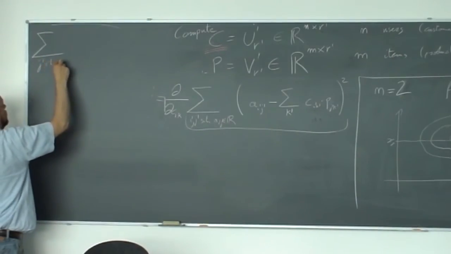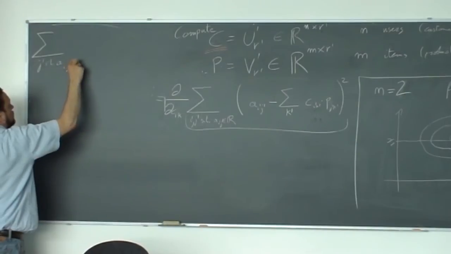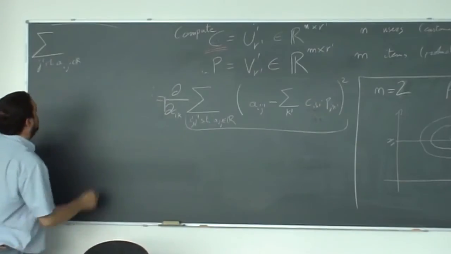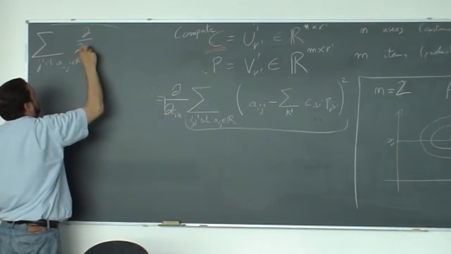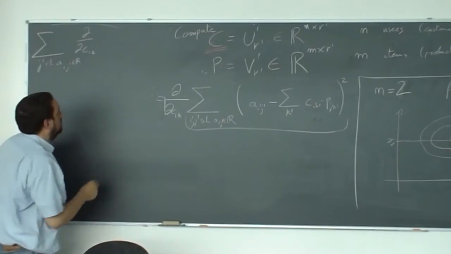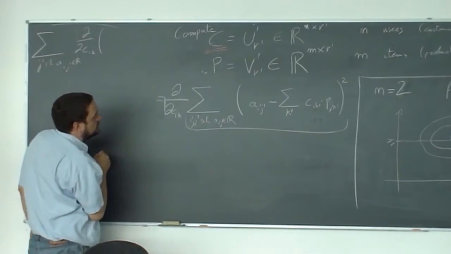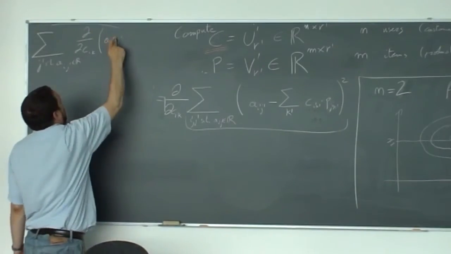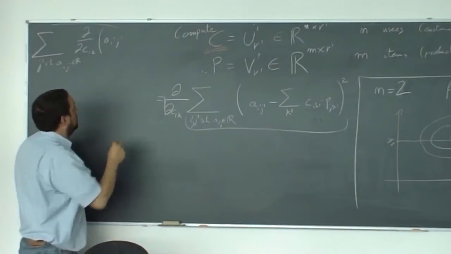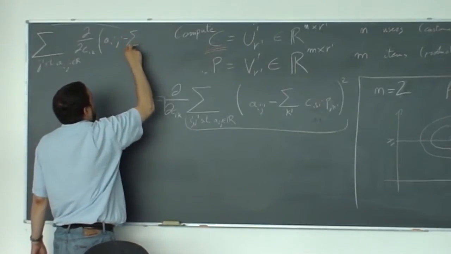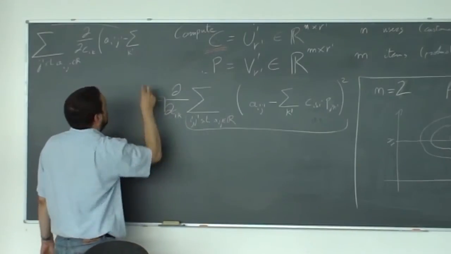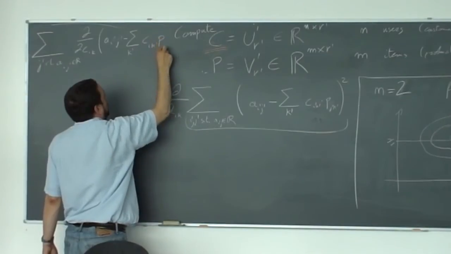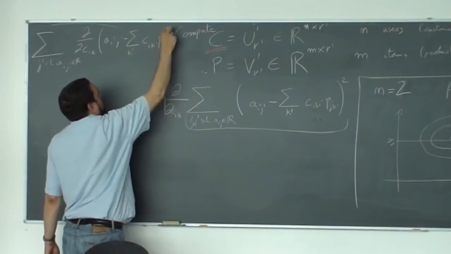such that Aij prime is actually a real number, of the derivative with respect to Cik of Ai prime j prime, but with i equal to i prime, so Aij prime minus the sum over all k primes of Cik prime Pj prime k prime squared.